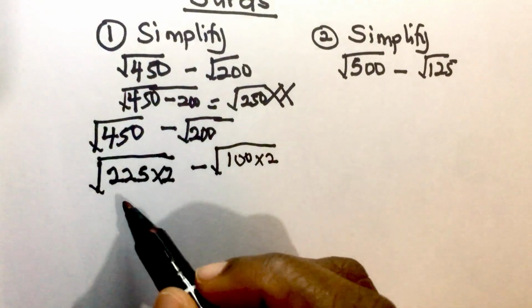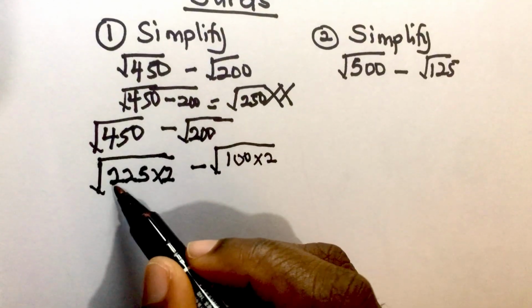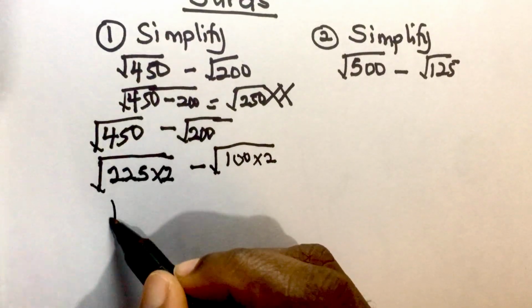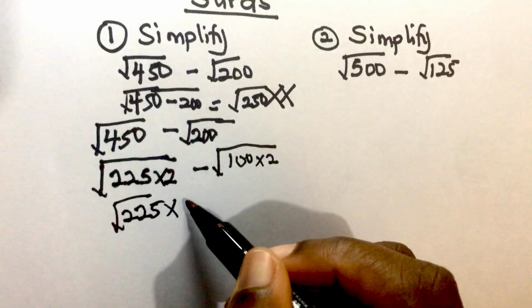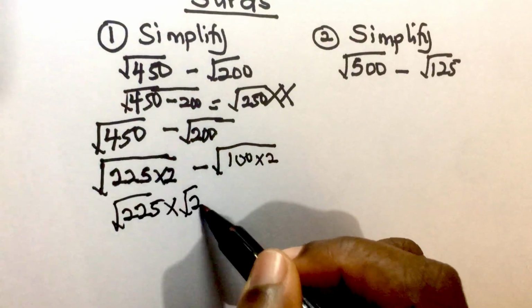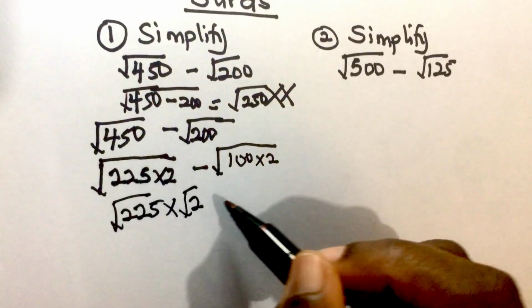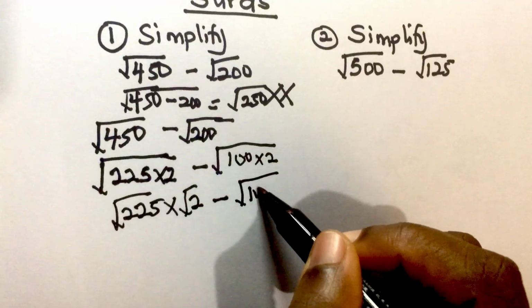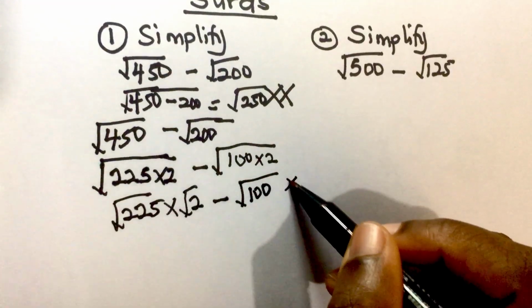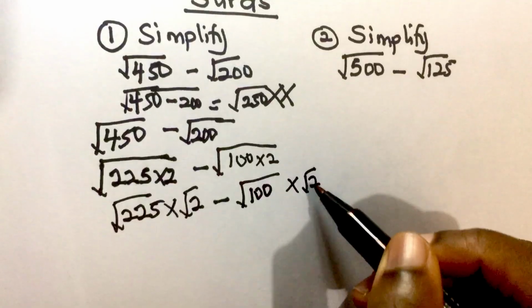So let's simplify further. The square root of 225 times the square root of 2, we have expanded this one, and this can also be written as the square root of 100 times the square root of 2.